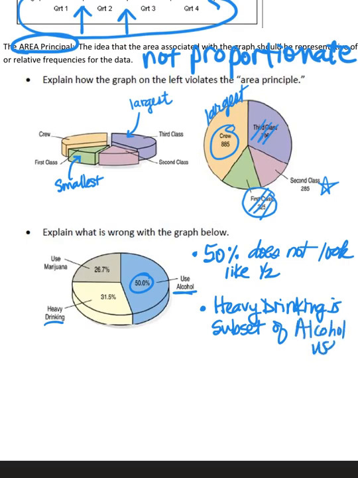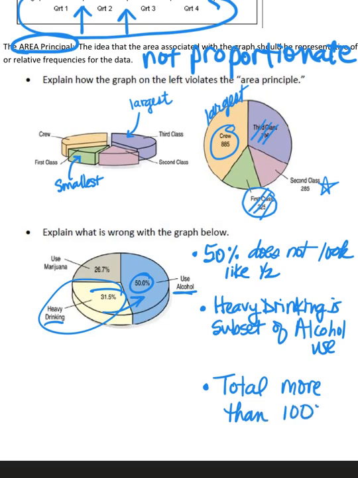Okay, so something's going on there, because this should be contained within that alcohol use somehow. Okay? And then finally, if you total up all of those amounts, they total more than 100%. Because you can see, with the pie chart, we're going to expect it to total up to 100% of what we have.